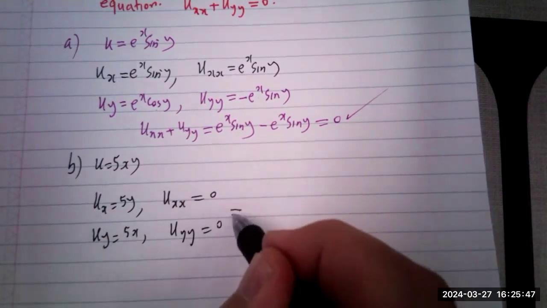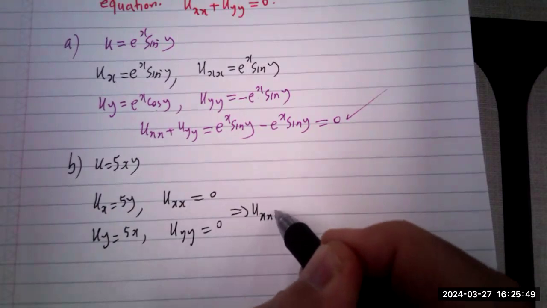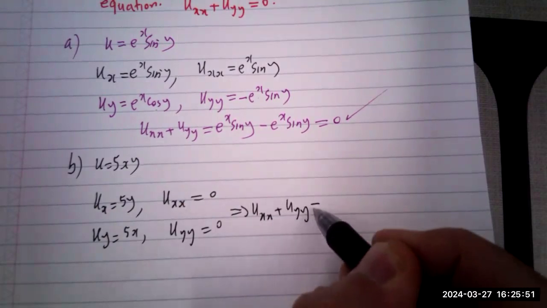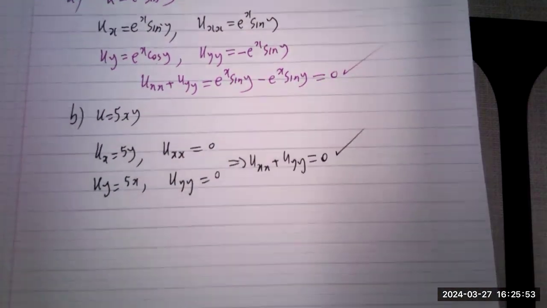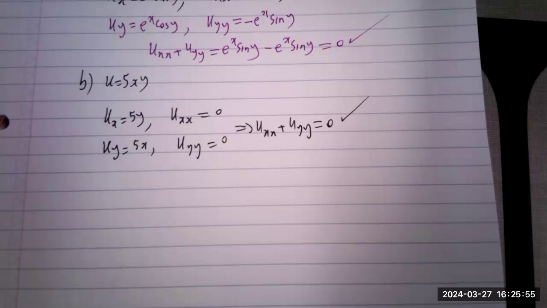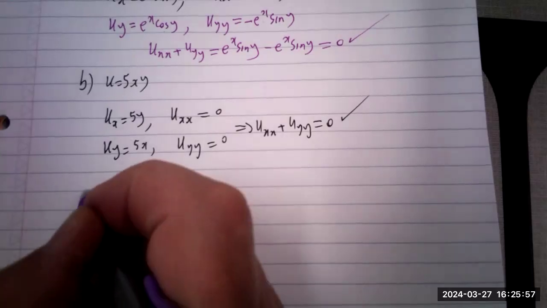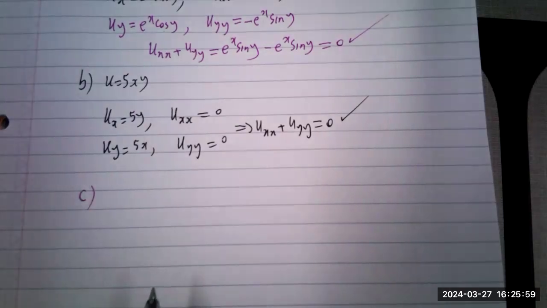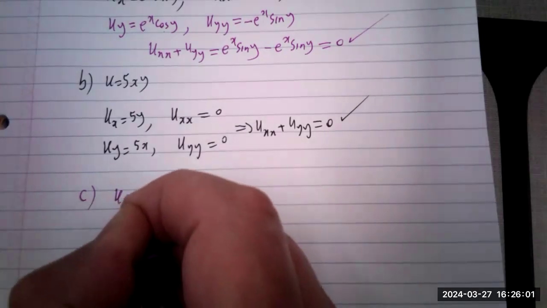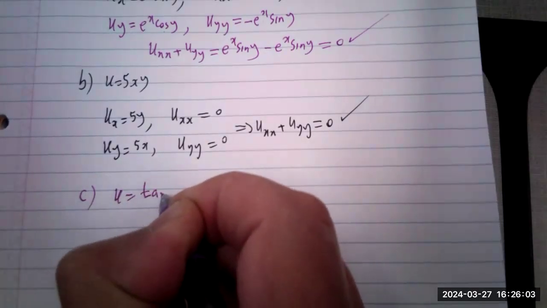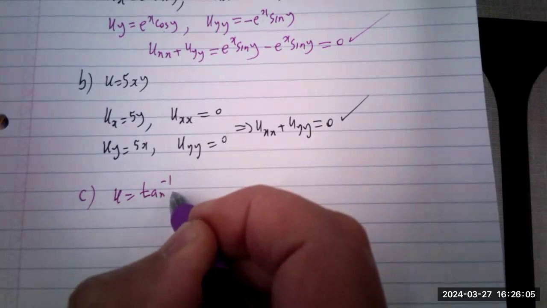So it's clear that the Laplacian is 0. Done. But the problem is only the last part. You can see this one all over the place when we argue about the Laplacian.